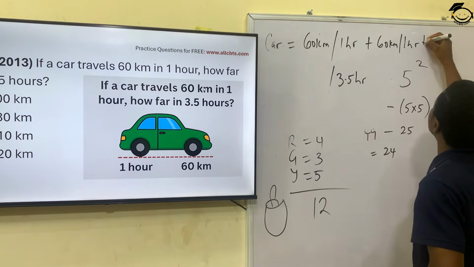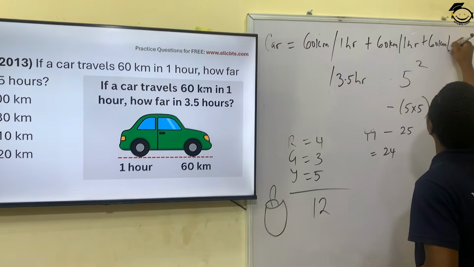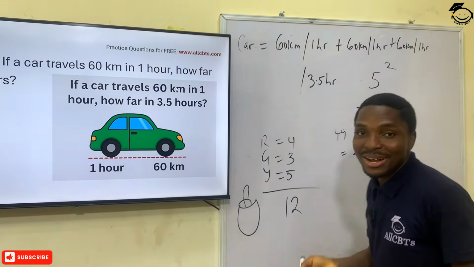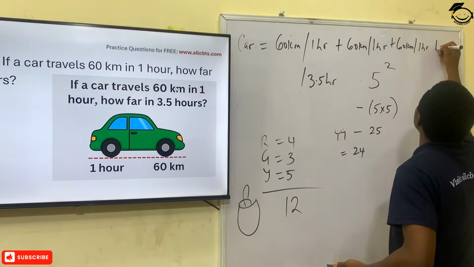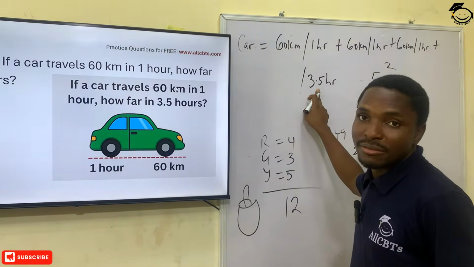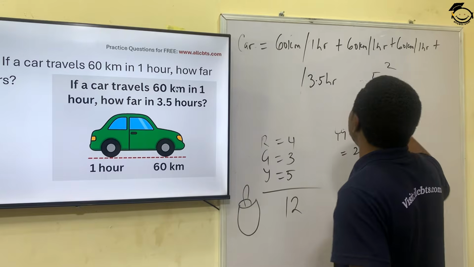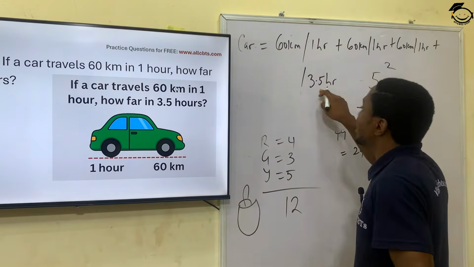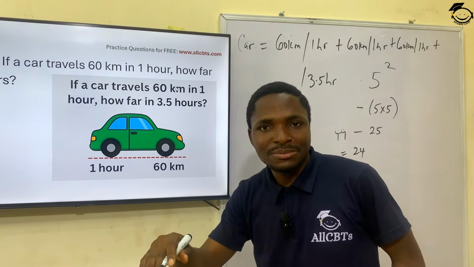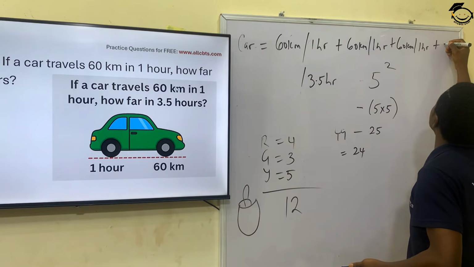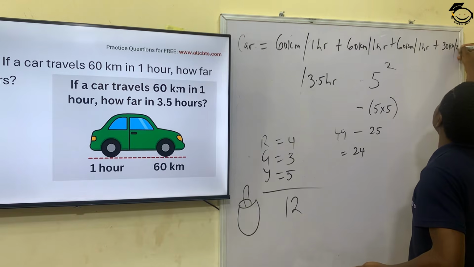You can say again plus 60 kilometers in 1 hour. That's how many hours? 1, 2, 3, 3 hours, right? Plus 0.5. 0.5 is like half of 1 hour. So if it travels 60 kilometers in 1 hour, then in half an hour, you can say plus 0.5 will be 30 kilometers in 30 minutes.